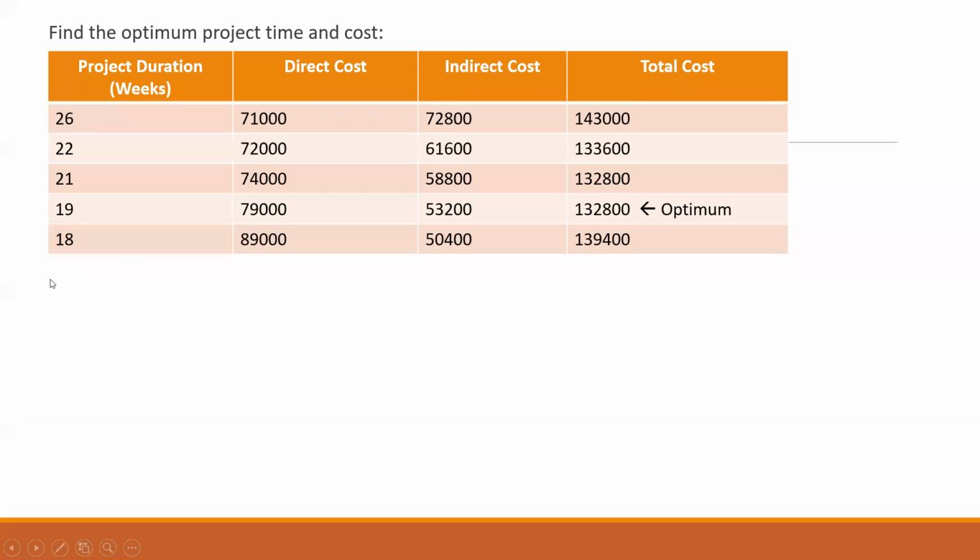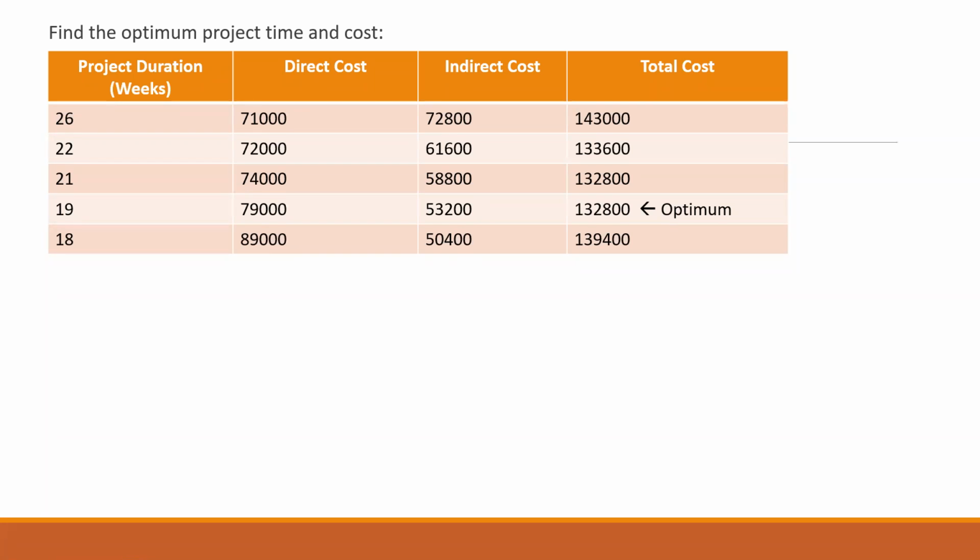Okay, it can happen that the cost keeps on reducing for all the activities. So you have to keep on doing the crushing, depending on how many activities or paths you're getting. Once we get all the activities or all the paths of the network diagram as critical, that means we have achieved the optimum time and the optimum cost.